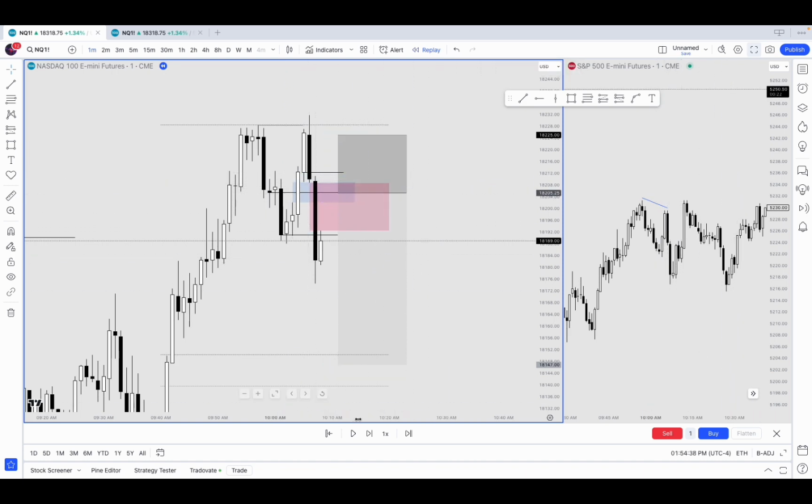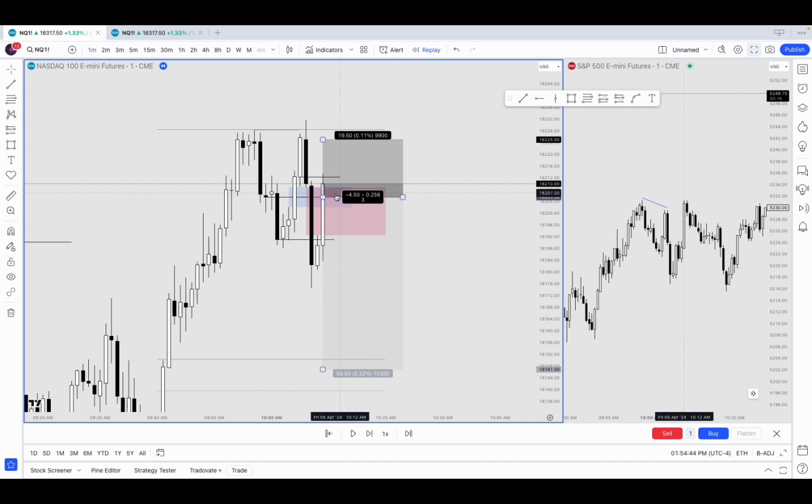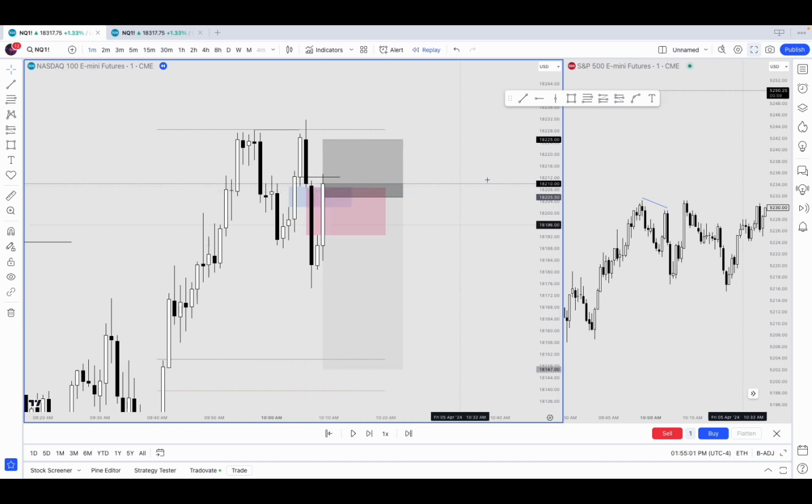Anyway, price comes back quickly, filled us in, but at first I didn't notice that price was coming up this fast with this displacement. Firstly, this breaker didn't really get disrespected, it just didn't hold. This one as well, this breaker, and we ended up closing above this fair value gap.